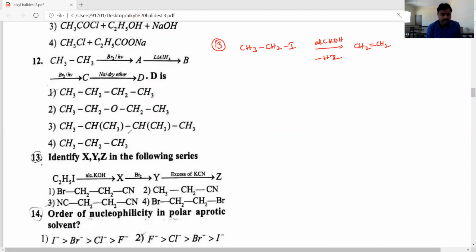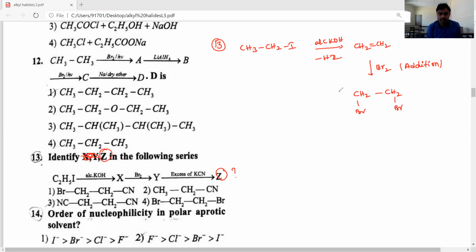See here, identify X, Y, Z in the following series. Not only that, we must identify Z, the final product. Now this reacts with bromine. Addition of bromine, an addition reaction. Then we get CH2 Br bond CH2 Br, 1,2 dibromoethane.